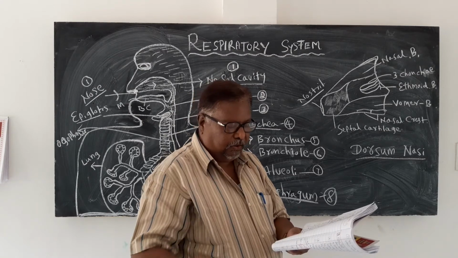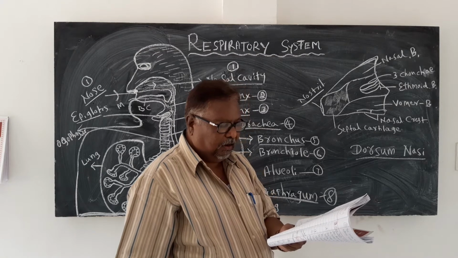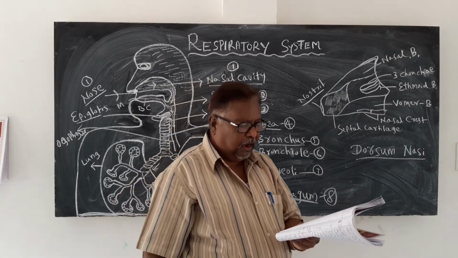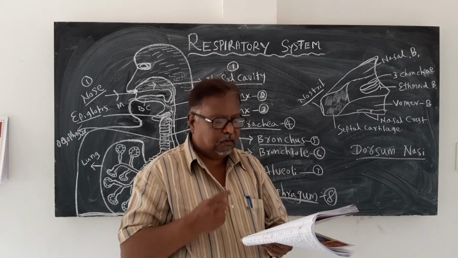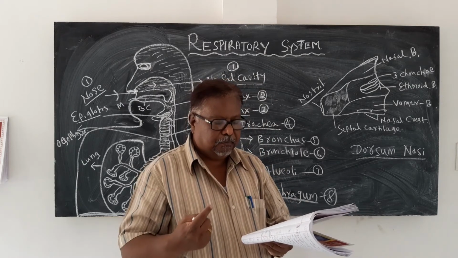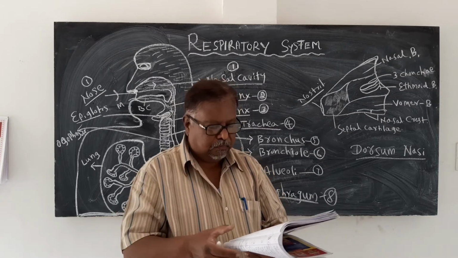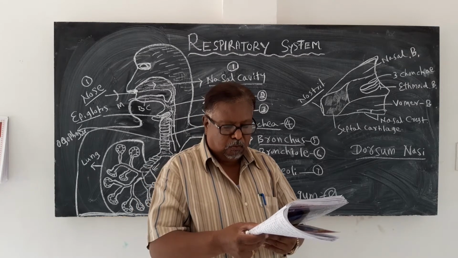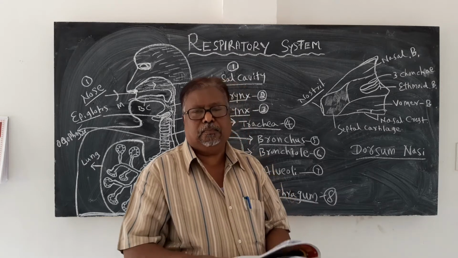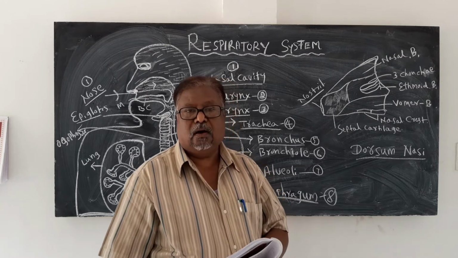At the lower end of the nose, there are two openings, the right and the left nostrils, the anterior nares. They are called nostrils or nares. The bony part is the nasal bone and the frontal bone.